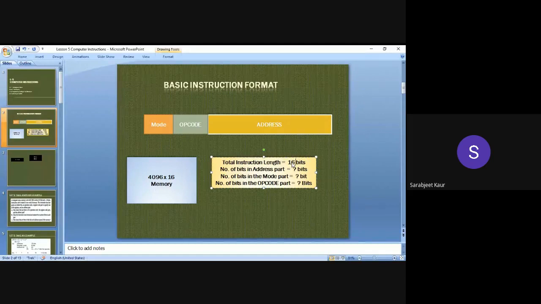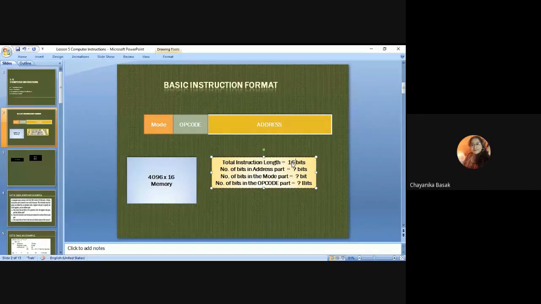I had said that sometimes it can happen that one instruction could be longer than one word. But if this is the case, then it will be specifically mentioned to you. In case nothing is mentioned, then by default the length of one instruction is taken to be 1 word long. Is there any problem in this concept? No, ma'am.